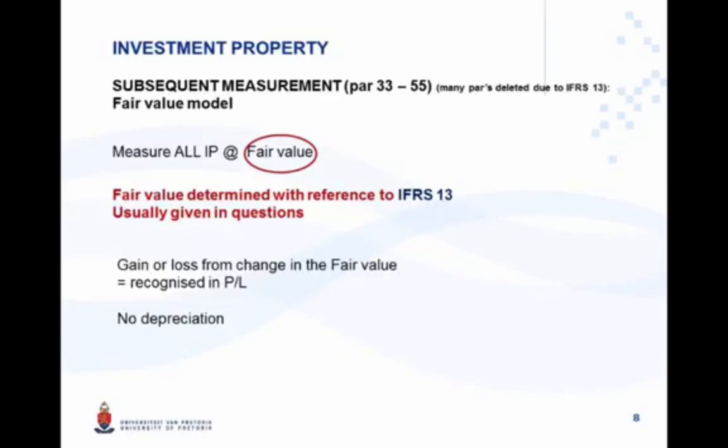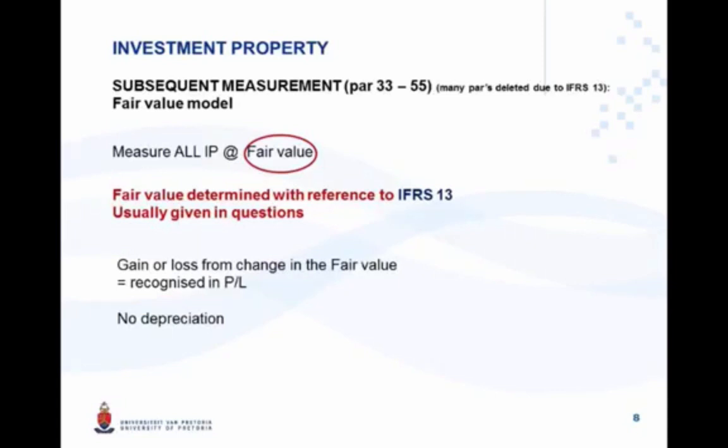Because under the fair value model you measure all your investment property annually at fair value, that would result in an annual fair value adjustment. This gain or loss from change in fair value is annually recognized in profit or loss, either as other income or other expenses. It is not recognized through other comprehensive income.